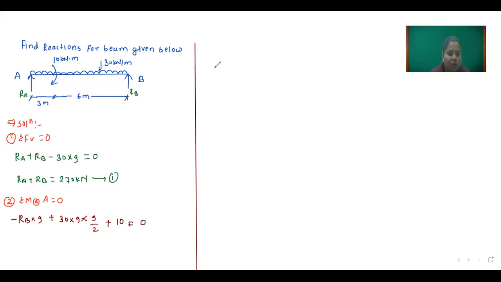So according to this equation, 30 into 9 into 9 by 2 plus 10 equals 9 RB.